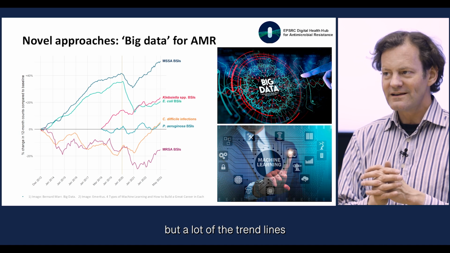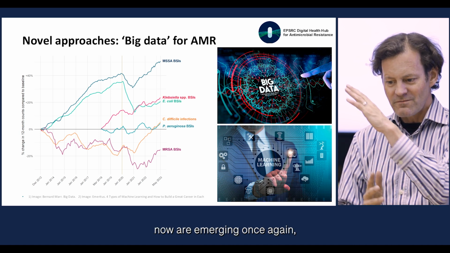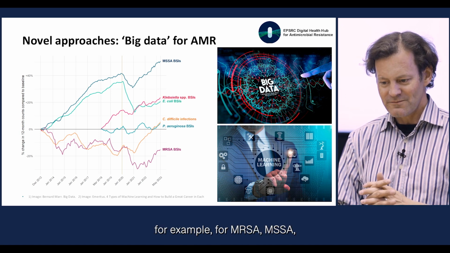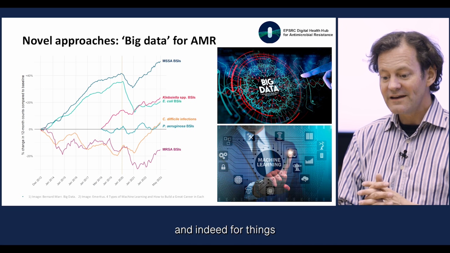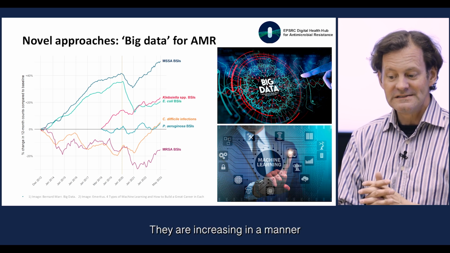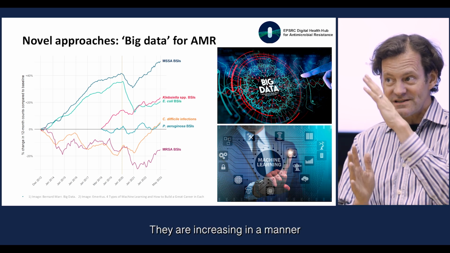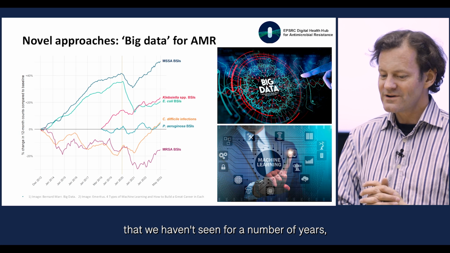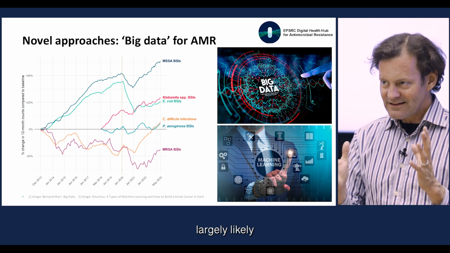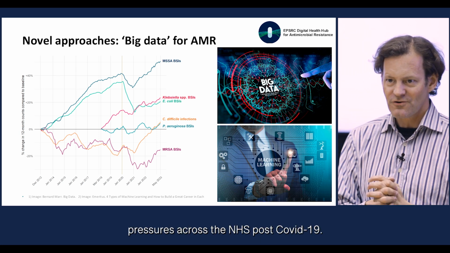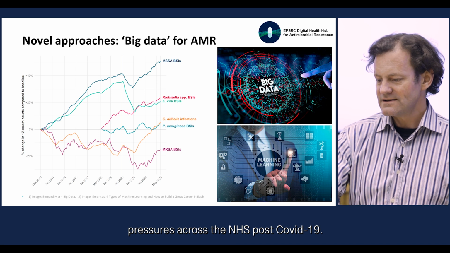But a lot of the trend lines that we'd seen before are now emerging once again, for example, for MRSA, MSSA, and indeed for things like Clostridium difficile, increasing in a manner that we haven't seen for a number of years, largely likely reflecting the health system's pressure across the NHS post-COVID-19.